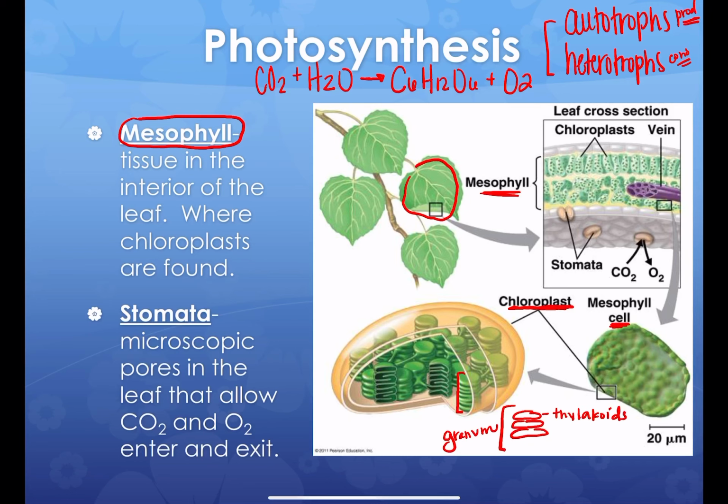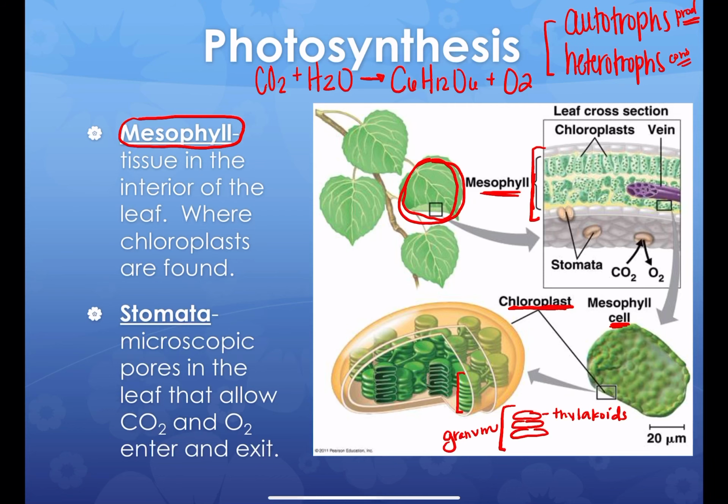So we have our mesophyll cell in the mesophyll tissue, and then in the organ of the leaf. In the plant, the only part that actually does photosynthesis is the leaf, not the root or the stalk or the trunk or the flower, or any of that, just the leaf. That's where the chloroplasts are found, in the leaf, in the mesophyll tissue.